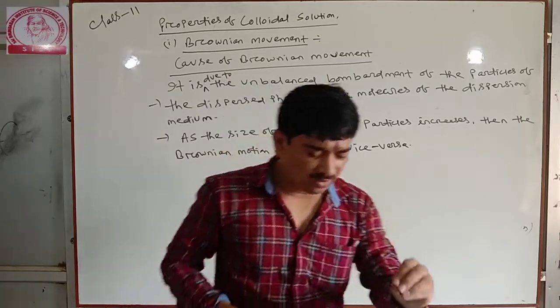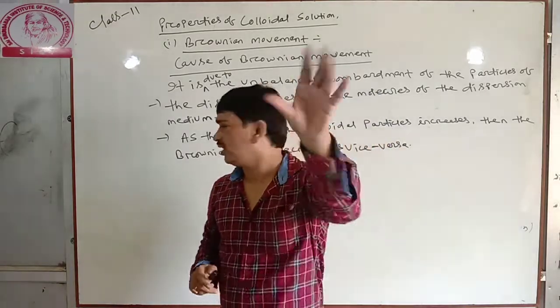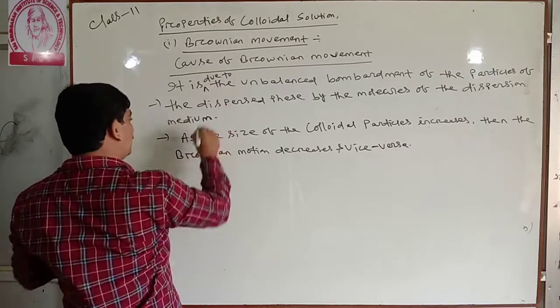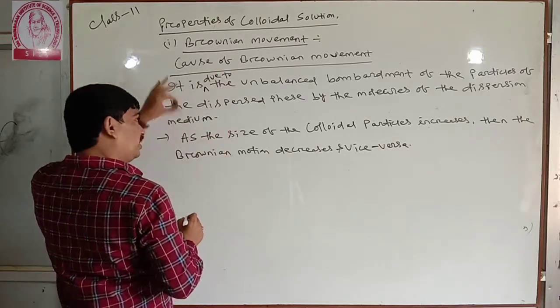And Brownian movement is independent of the nature of the colloid. These are the 2 points.